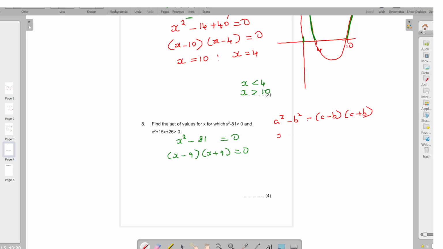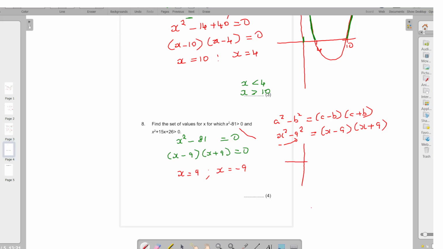Same thing, x squared minus 9 squared, because 9 squared is 81, can be written as x minus 9 times x plus 9. So x could be plus 9 or x could be minus 9. We can show that in the graph here.